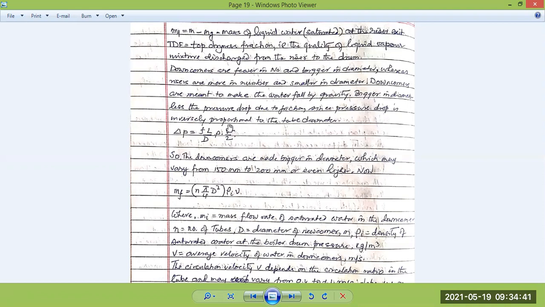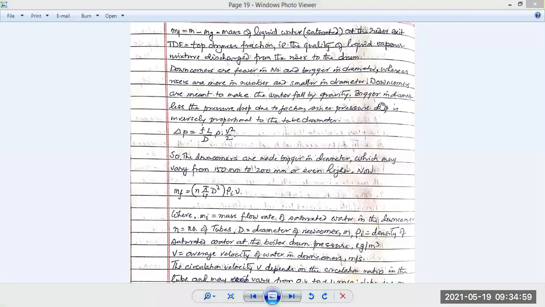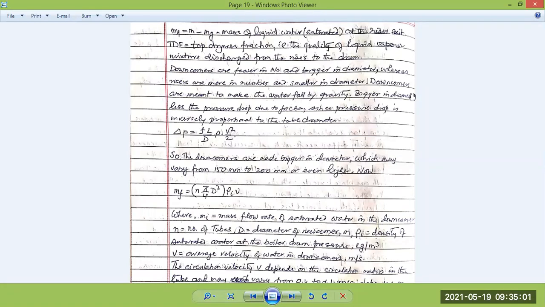If the diameter is higher, the pressure drop due to friction is less, because a larger volume of fluid, vapor or gas, can go inside it.